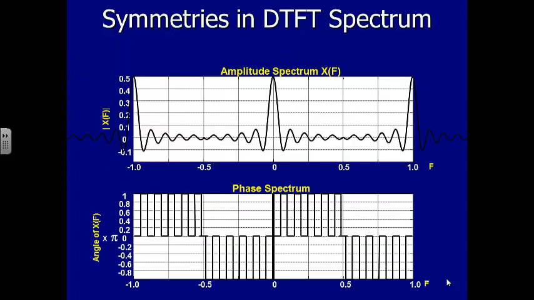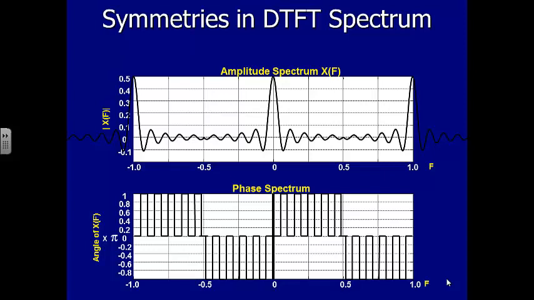For example, this is the discrete-time Fourier transform of a symmetric pulse around n equals 0. It's basically a repeating sinc function. If you just plot X of f versus f, it's even symmetric. It goes positive and negative. If you plot the magnitude and phase, all the negatives flip up on the magnitude.